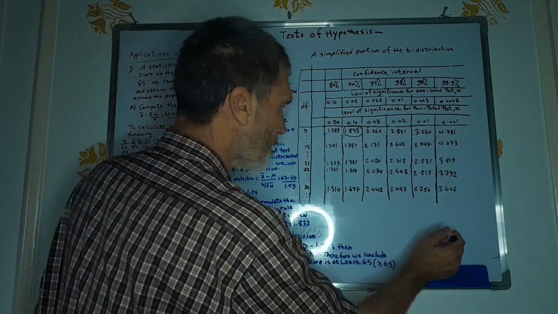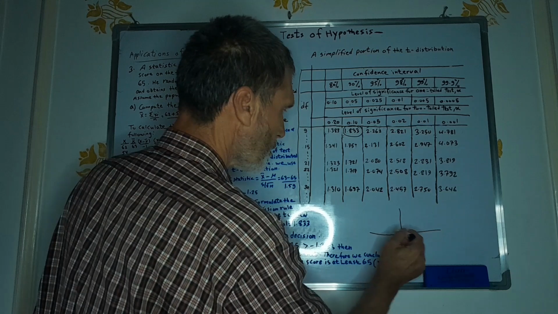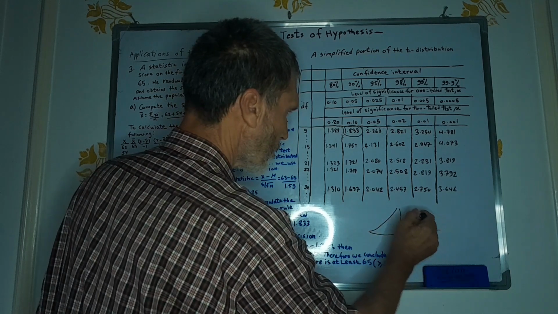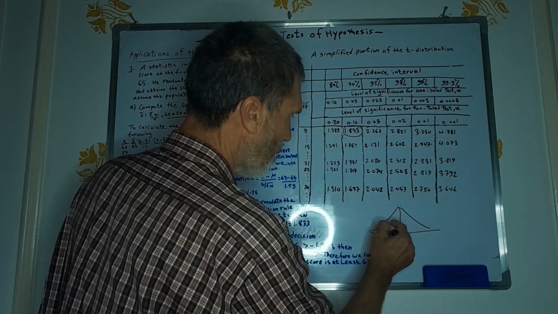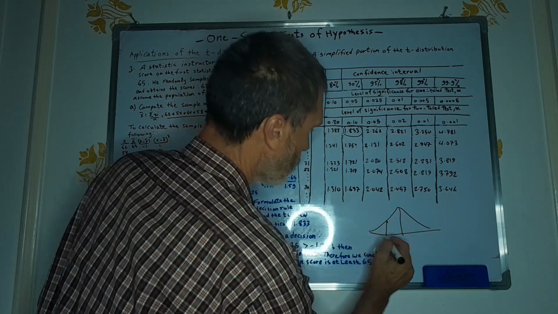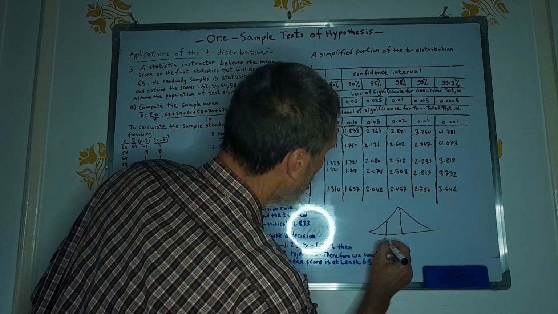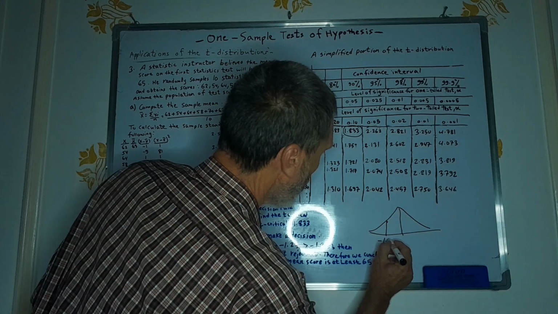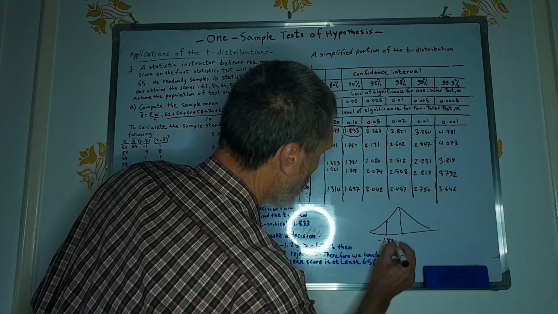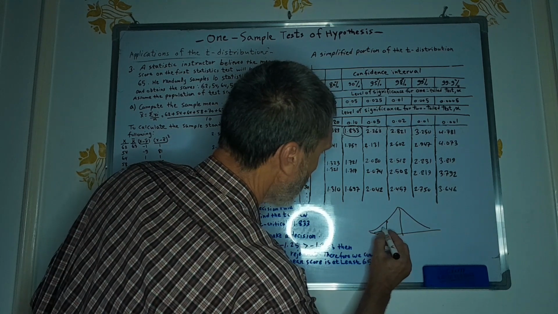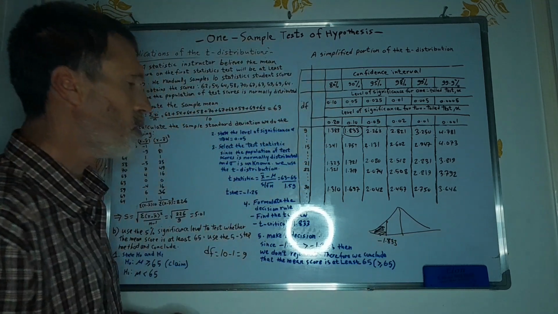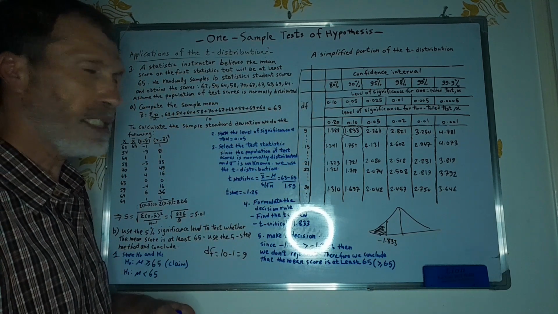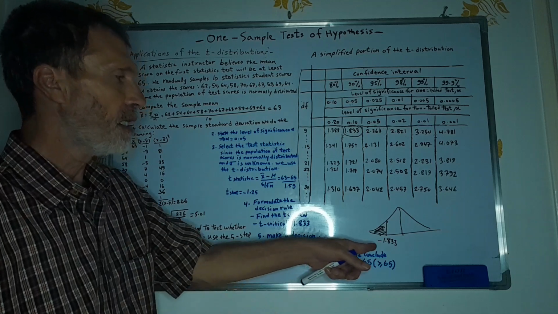So it's going to be like this. It's going to be here, minus 1.833, and this is the critical range. Now what we do, we compare the t statistic with the t critical.